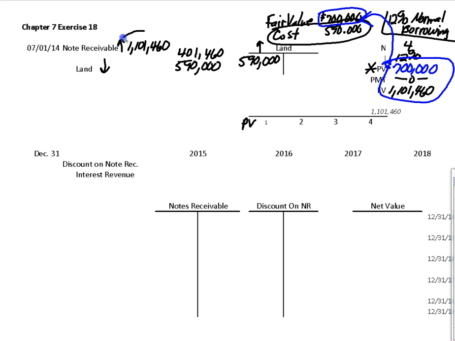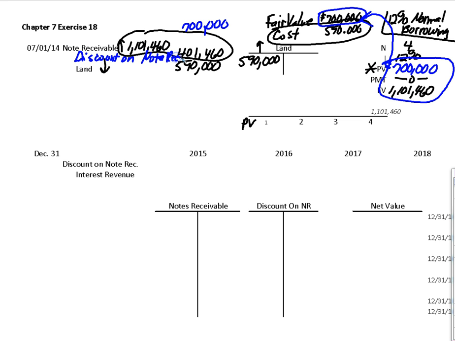What I mean by contra account is, if I take the debit of $1,101,460 minus this credit of $401,460, I will get a net of $700,000. So we want the note receivable to net $700,000, and we'll do that through this account called discount on note receivable.